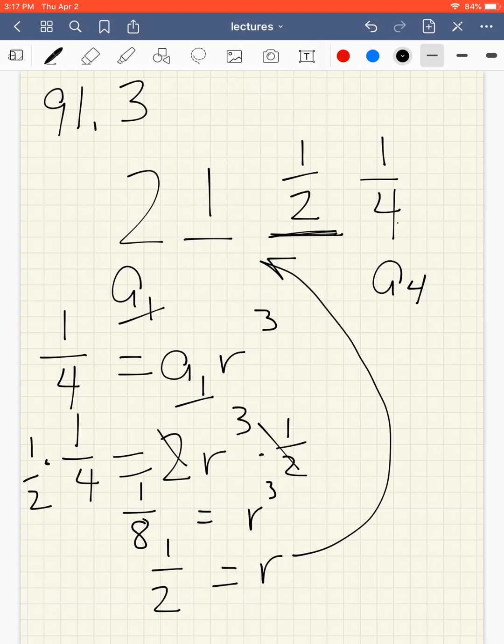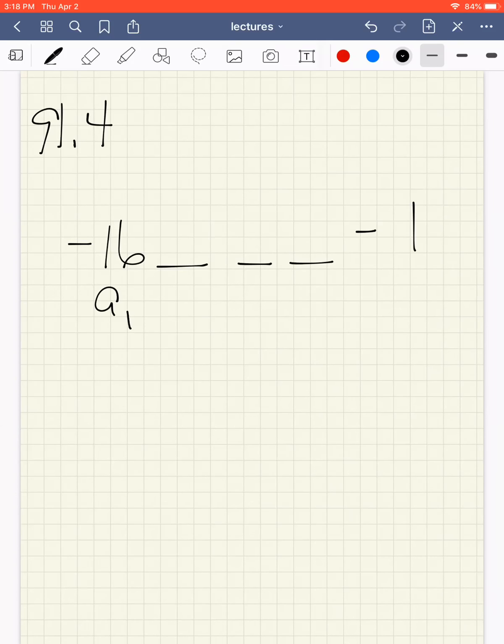Okay, one more example. And it's on top of page 537. 91.4 says find three geometric means, 1, 2, 3, between -16 and -1. Alright, so we've got, this is A1, A2, A3, A4, and A5.